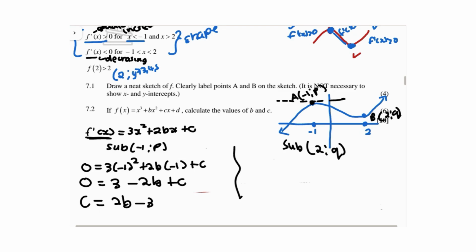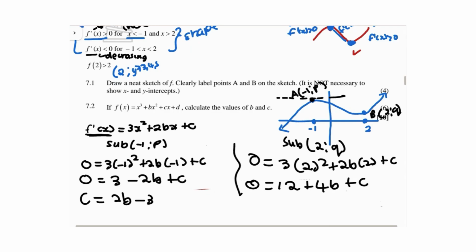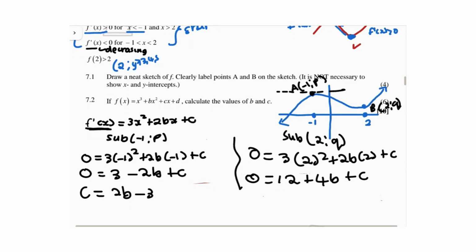I'm going to do the same for 2 and q. Still using the same derivative, I say 0 equals 3 times 2 squared plus 2b times 2 plus c, so 0 would now equal 3 times 4, that's 12, plus 4b plus c, and c would be -12 minus 4b.